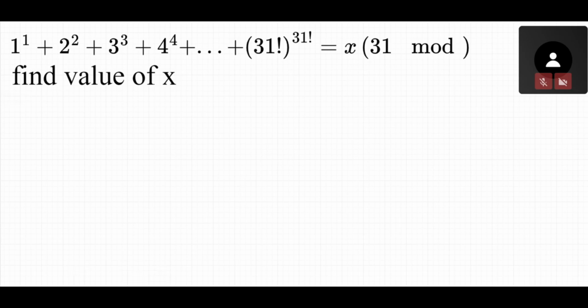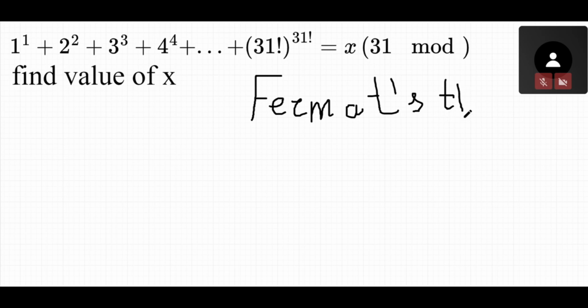Let's solve this problem. Firstly, we need to know some theorems before solving this question. Our first theorem is Fermat's theorem. I think I said something about this theorem in the last lesson. It is one of the important theorems in mathematics.